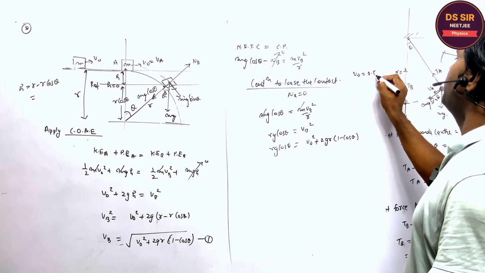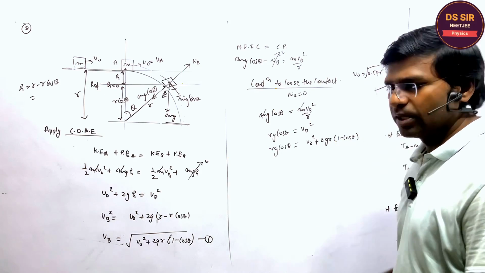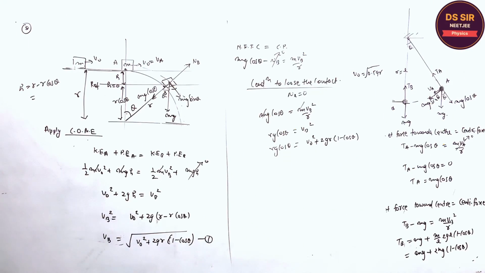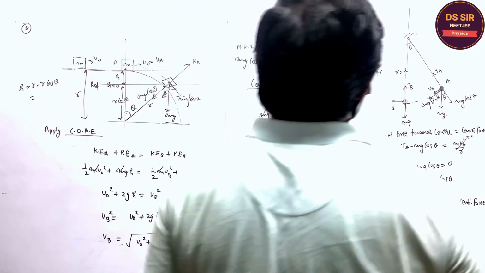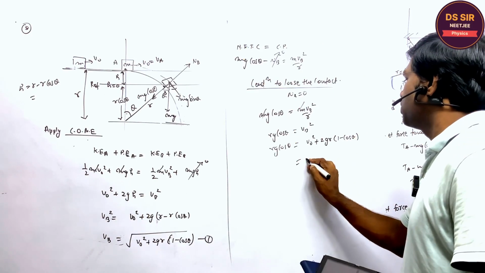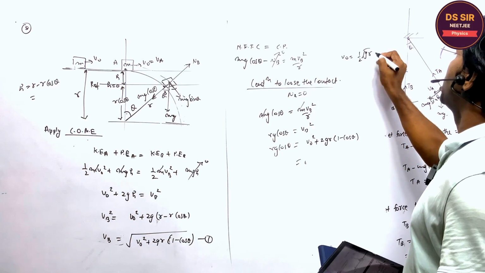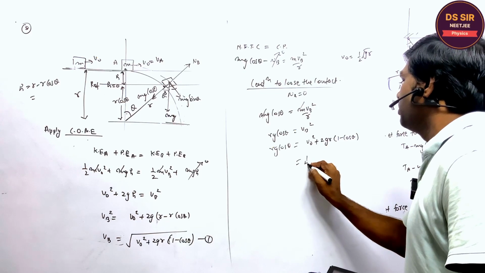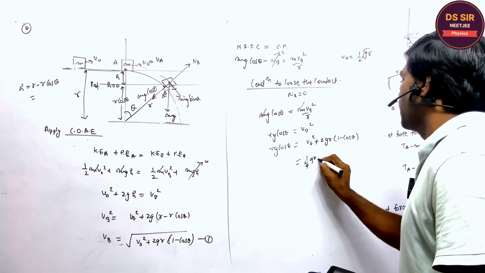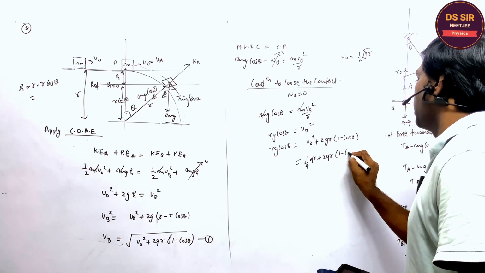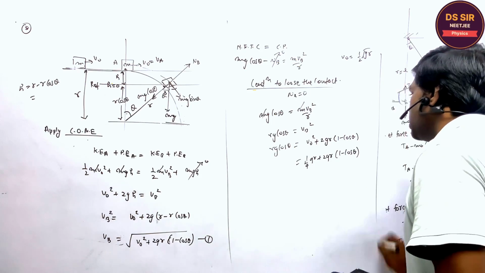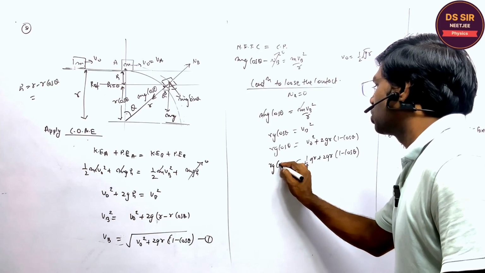It is 0.5 root gr, I think it is given in the question, right? So v naught is equal to 1 by 2 root gr. If I square it, it will be 1 by 4 gr plus 2gr(1 minus cos theta). Is it fine? And this is gr cos theta.